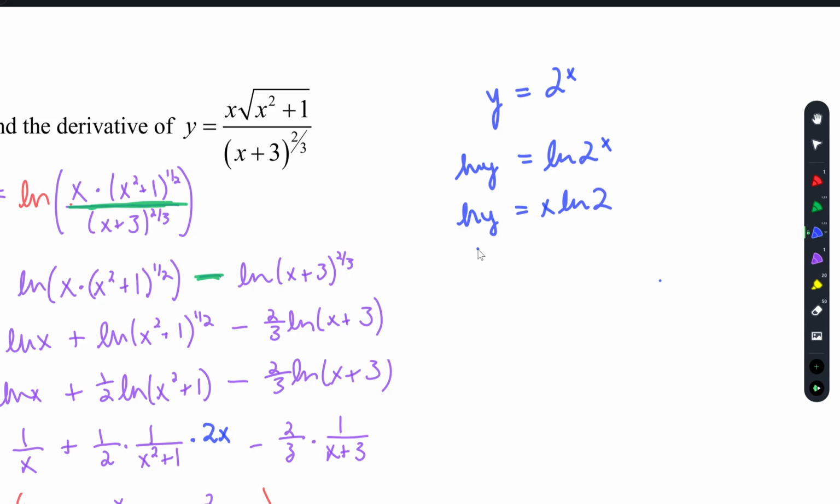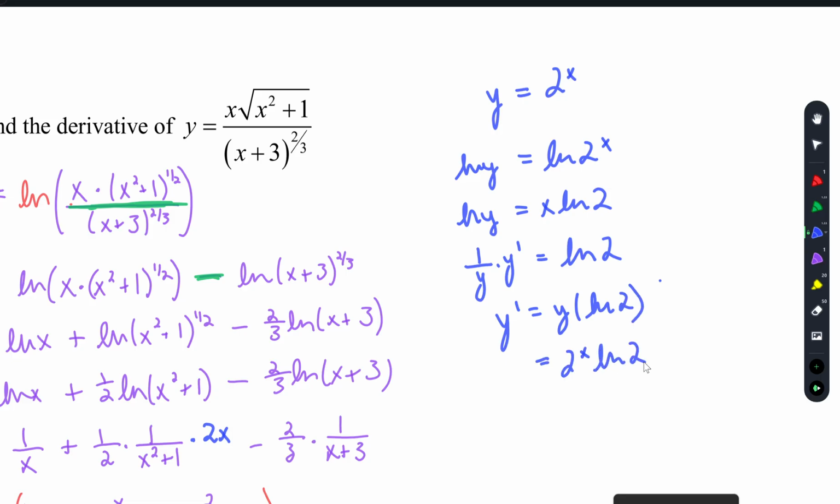And then if you took the derivative, it would be 1 over y times y prime equals natural log 2, because natural log 2 is just a number. And then you multiply y over. So y prime is y times natural log 2, which is 2 to the x. So if you forgot the derivative of that, you could figure it out, but it's long and annoying. Yeah?